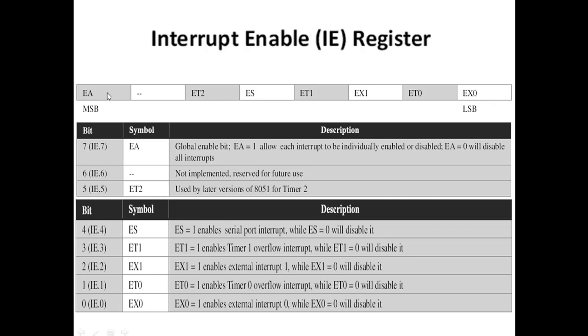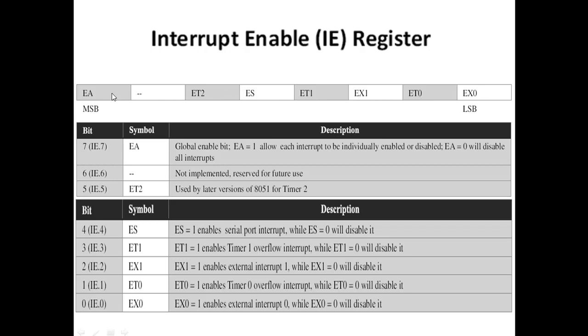So what will happen, you can see over here, this bit will be 1, these will be 0, this will be 0, this will be 0, this will be 0, this will be 1, this will be 0, this will be 0. I'm repeating again. In binary, it is 1 0 0 0 0 1 0 0.